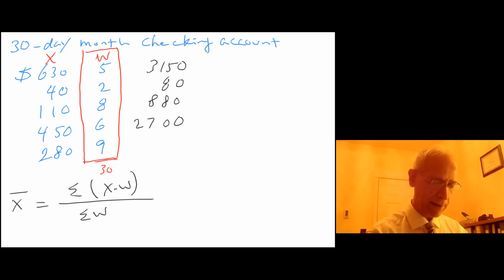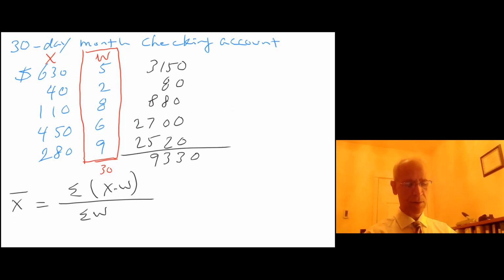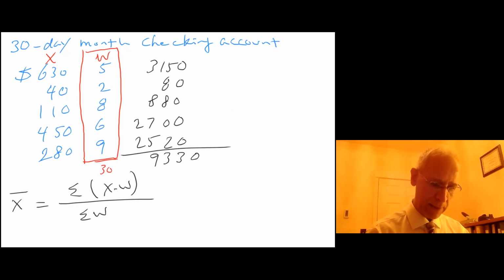And then I have 9 times 0 is 0, 2, 5, 2, 5, 2. Oh, so adding all that together, I get 9,330. And remember this column right here was X times W.